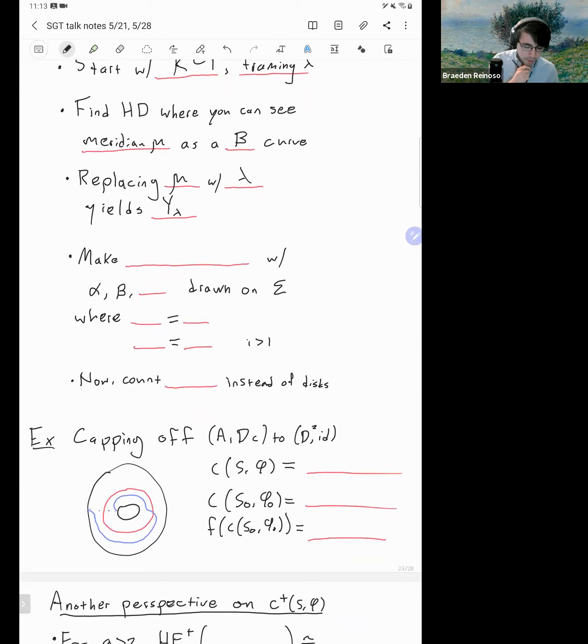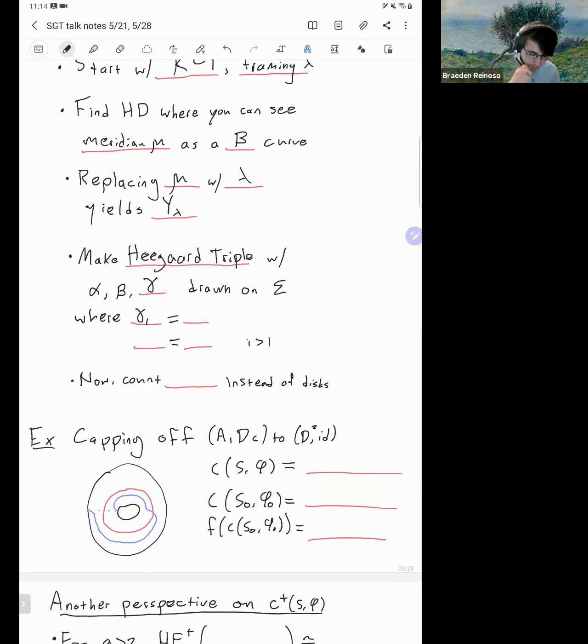So now to make your map in Heegaard-Floer homology, what should you do? Well, instead of a Heegaard diagram, you make what's called a Heegaard triple. It's the same thing as a Heegaard diagram, except you have an extra series of curves drawn on it. So you have your alpha and your beta curves, but you also now have gamma curves drawn on it. We need to define what these gamma curves are.